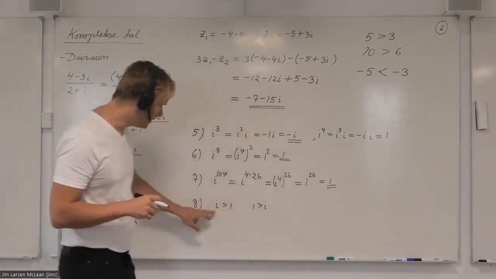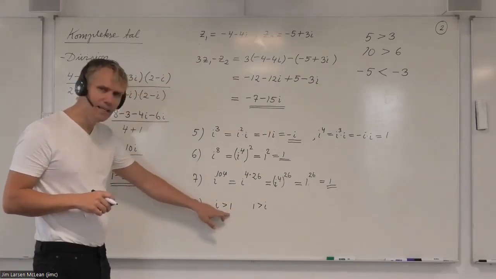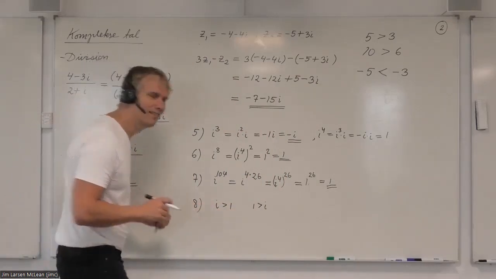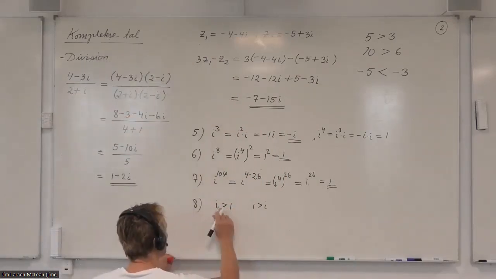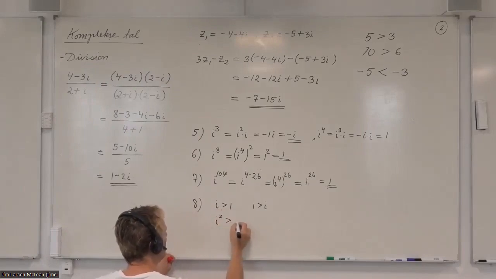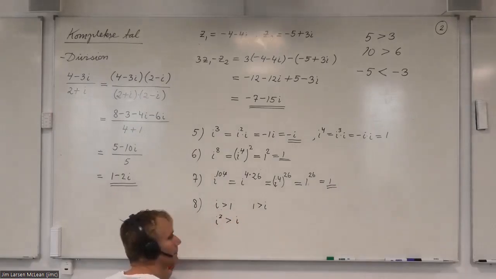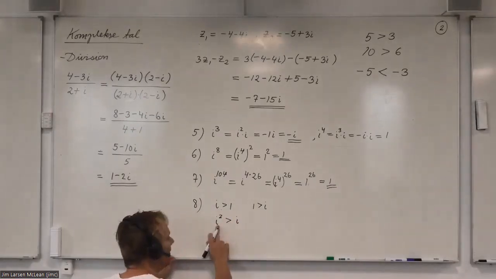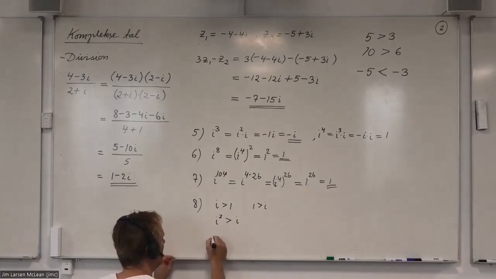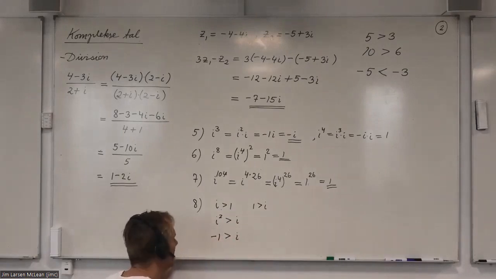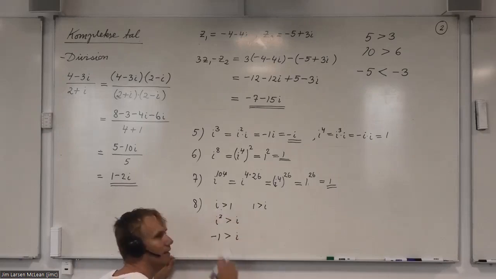So we could try multiplying by i on both sides here. If we multiply by i on both sides of this inequality, then i squared should be greater than i. But what is i squared? That is -1. Now it says that -1 is greater than i, but here it appears that i is greater than 1.